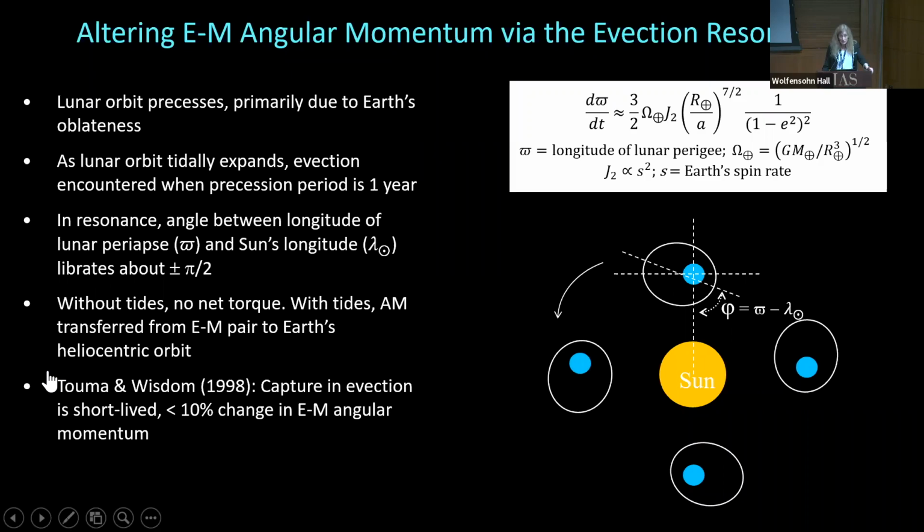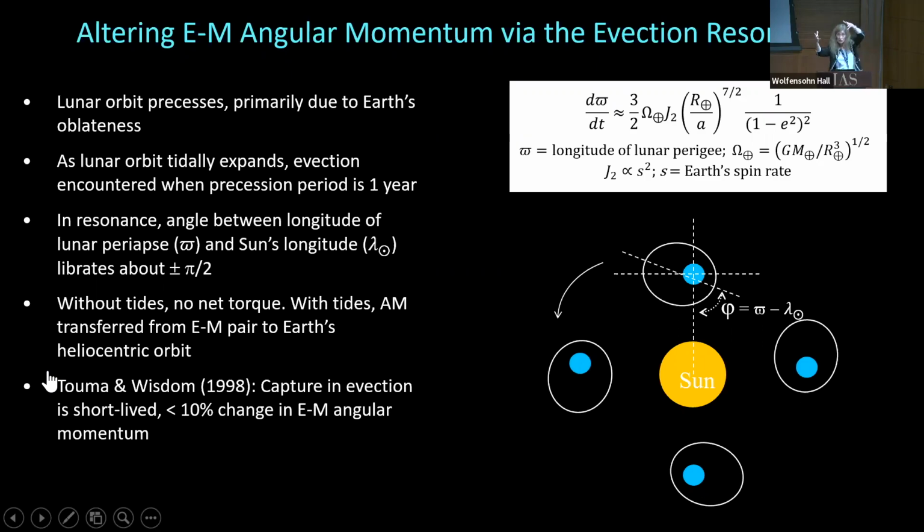And when trapped in evection, the longitude of the lunar periapse and the longitude of the sun, the difference between those 2 angles, librates between plus or minus pi over 2. So it's either oriented like this or oriented with its periapse on that side like this.